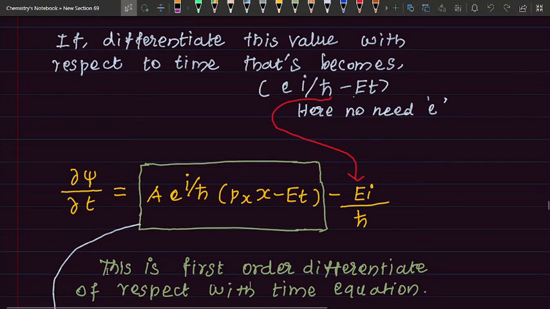the result is minus Ei/ħ. Here there is no need for the extra e, so we can remove it. So the equation becomes ∂ψ/∂t = a e^(i/ħ (px x − Et)) times minus Ei/ħ.